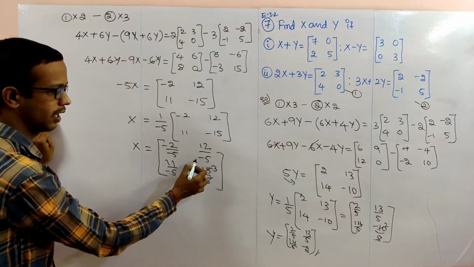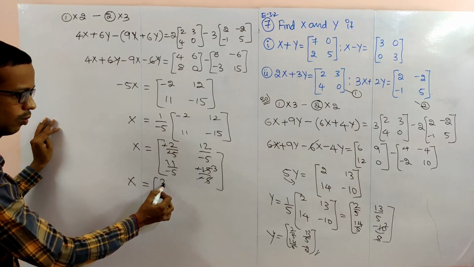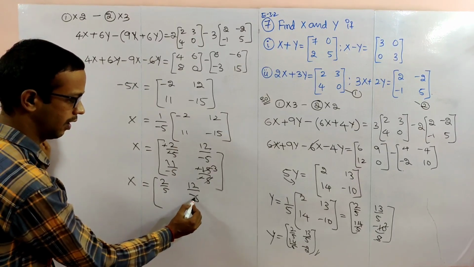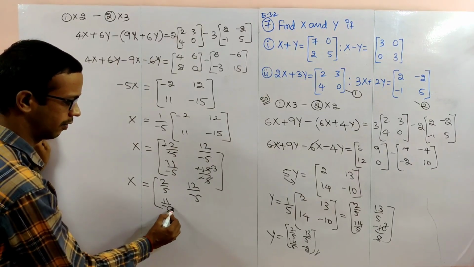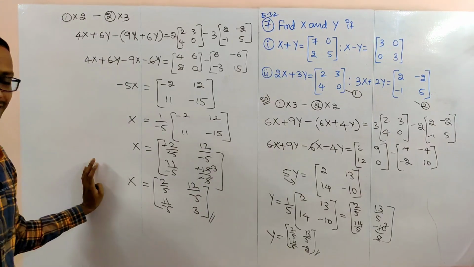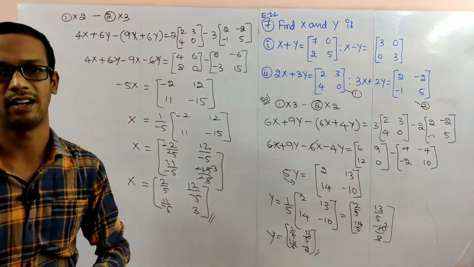Here minus minus cancel, x is equal to 2 by 5, 12 by minus 5, 11 by minus 5 and 3. So this is the x matrix, this is the y matrix. We have to find the x and y matrices.